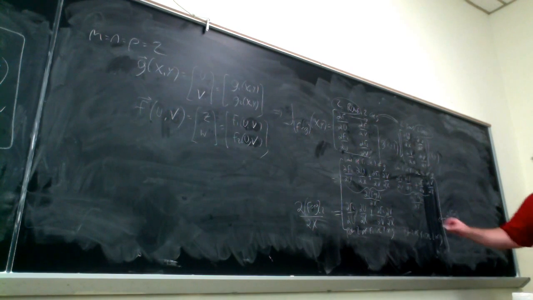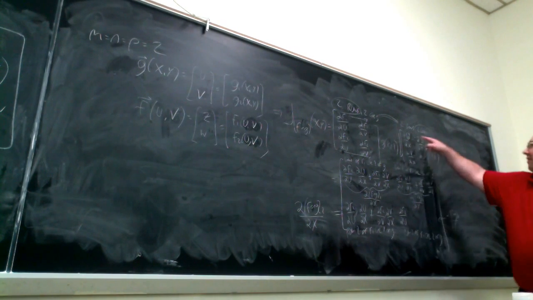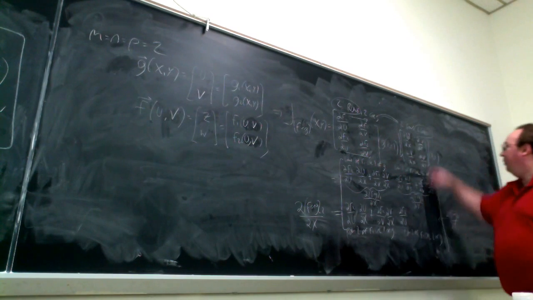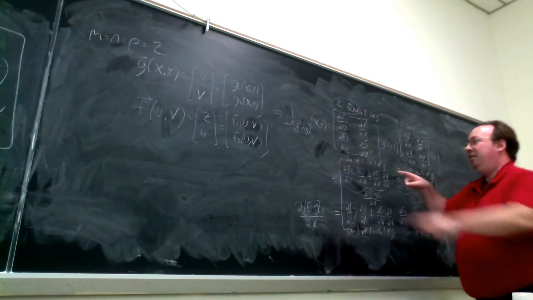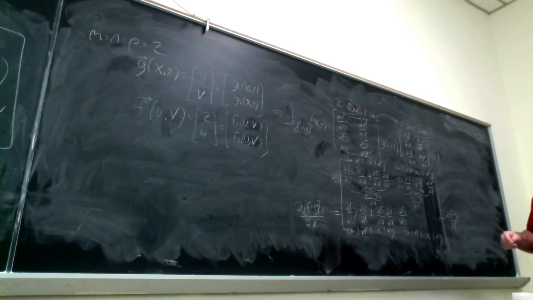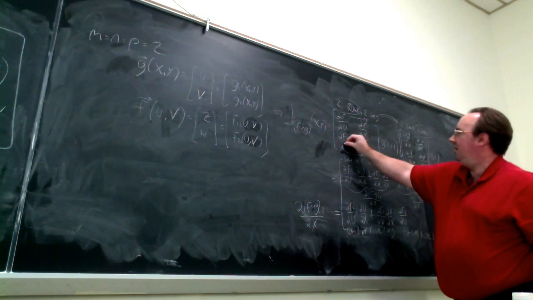All right, last spot. Partial F2 over partial U. I thought we were using the one to the right. We are, but we're still going across this row. I thought we were using the one next to it now.